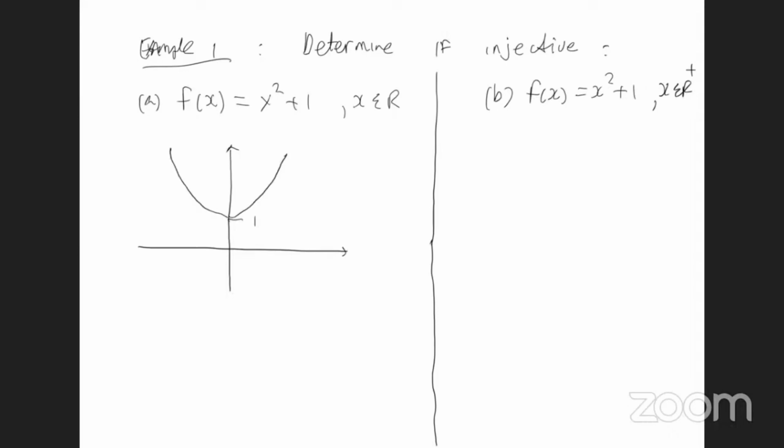How do we determine if it's injective? We do the horizontal line test. If it cuts the function more than once, then what? It fails the horizontal line test. Therefore, not injective.